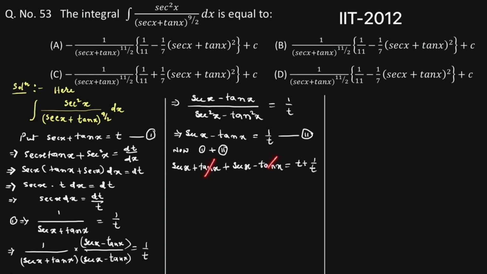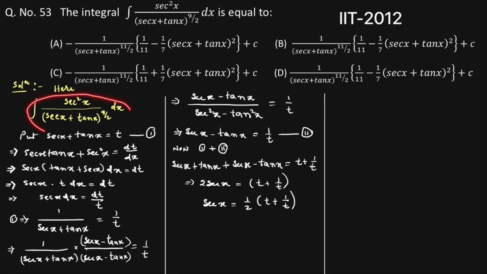So tan x and tan x cancel, we will get 2 sec x, which is equal to t plus 1 by t. Therefore sec x we are able to write as 1 by 2 into t plus 1 by t.